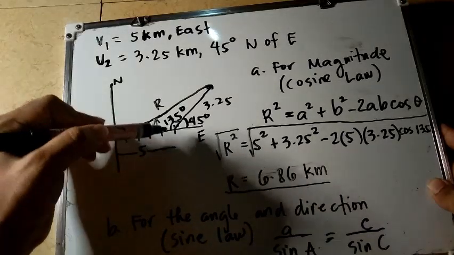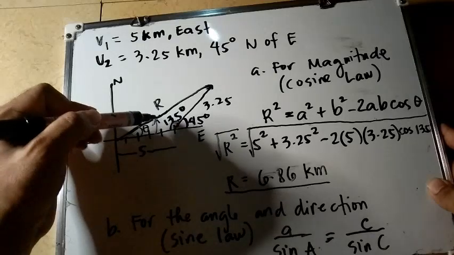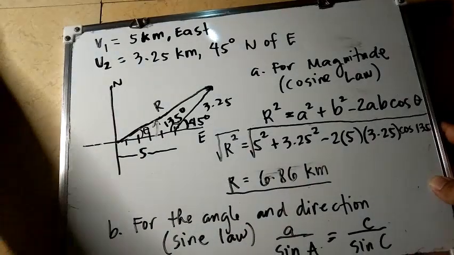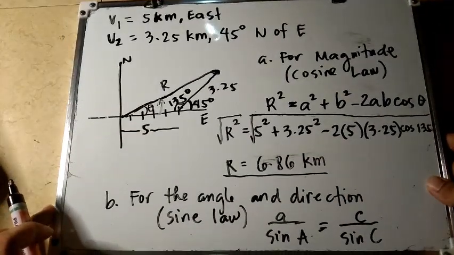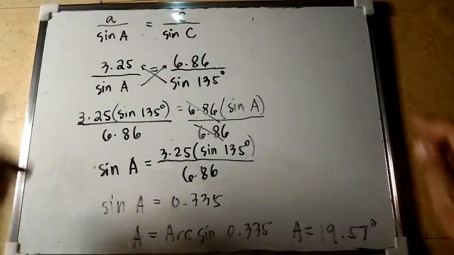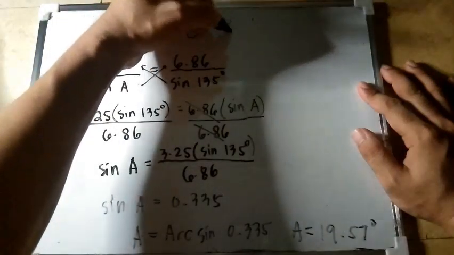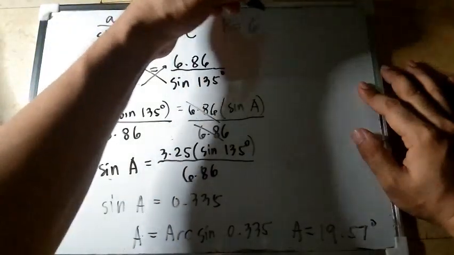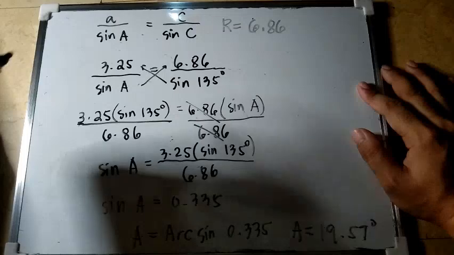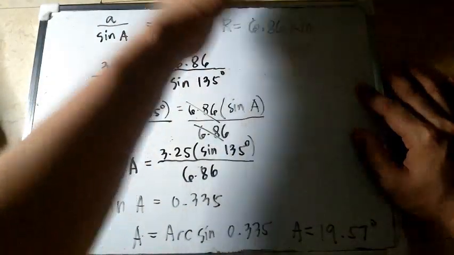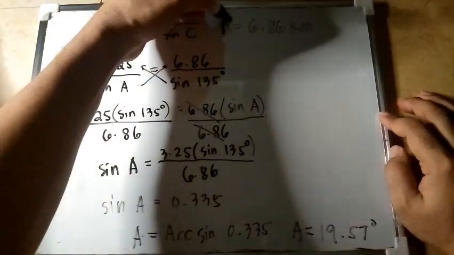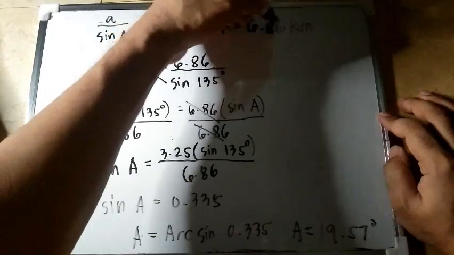So, mapansin nyo yung resultant natin. Okay? Yung resultant natin is pa-north. Okay? Pa-north siya. Okay? So, nagsimula sa east to north. So, that means yung direction natin, or yung ating angle and direction is, ang resultant natin is 6.86 kilometers.